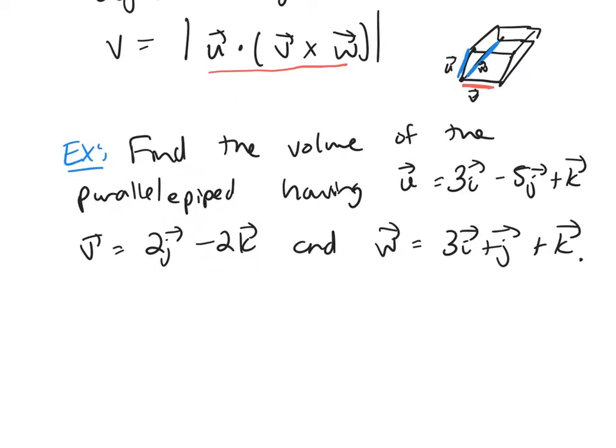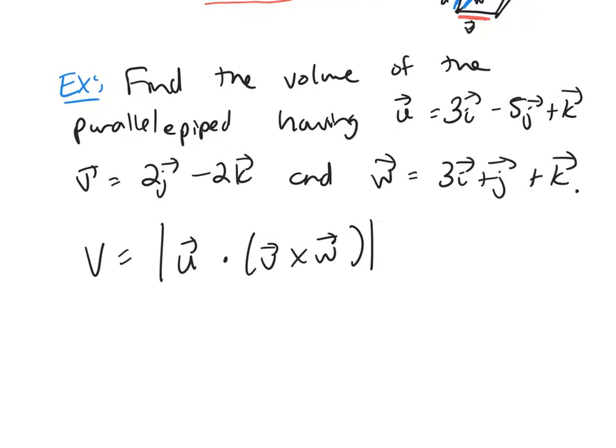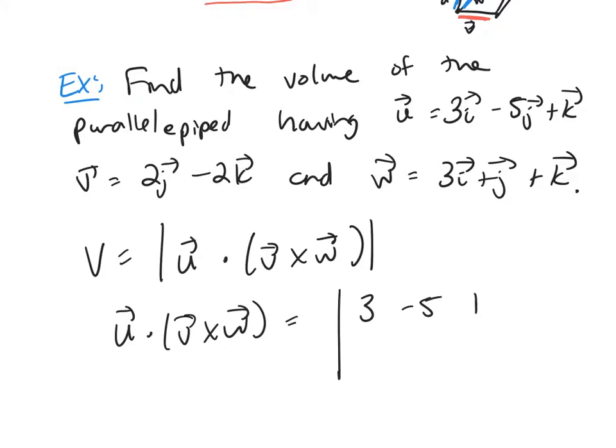All right, so to find this volume, we take the absolute value of this triple scalar product. So I'm going to start by finding this triple scalar product, u dot v cross w. You write the vector u first: 3, negative 5, 1. The vector v has no i, so it'll be 0, 2, negative 2. And then 3, 1, 1.